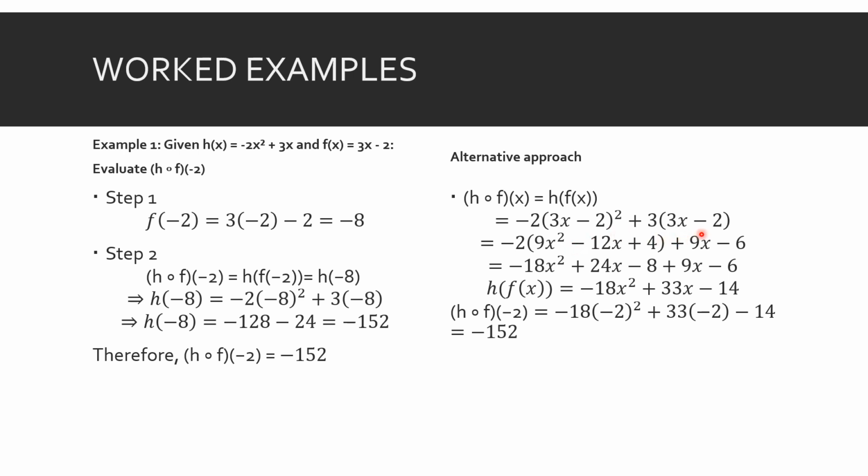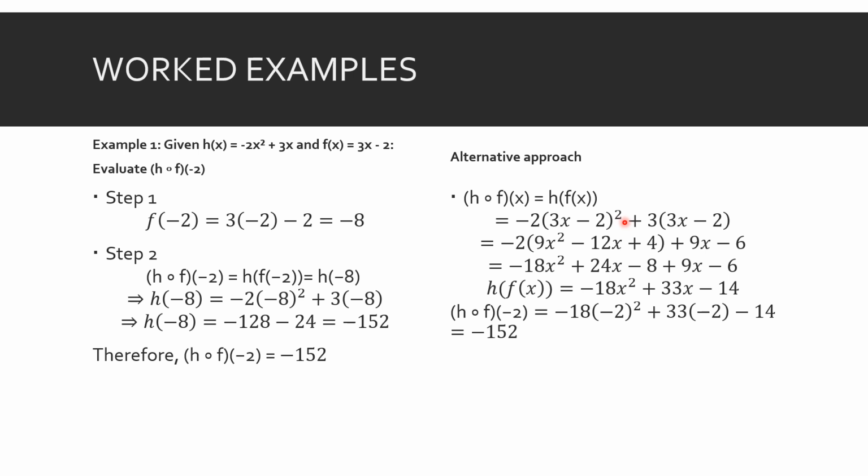So you see it in this form, 3x minus 2 all squared plus, when you come here, we have 2 minus 2x squared. So we obviously have minus 2 here. The x will now be the function f of x, which is 3x minus 2 all squared. Plus, obviously 3 is also here. The x will be f of x, which is 3x minus 2.